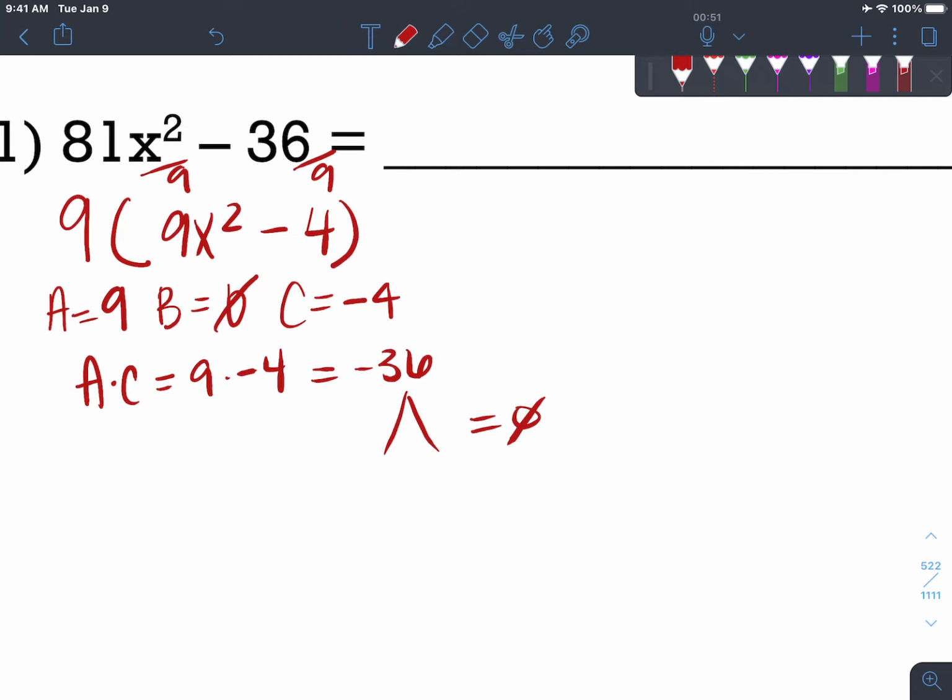Things like negative 6, positive 6, negative 5, positive 5, negative 20, positive 20. So my best guess would be negative 6, positive 6. That does multiply together to give me negative 36, and it does add together to give me 0. So those are my numbers. So now I'm going to go ahead and split apart my B term.